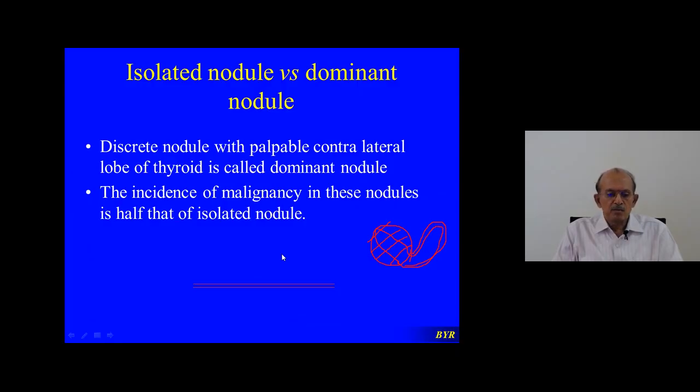If you have no doubts, I will go to the topic of clinical examination of a thyroid gland and operations for the thyroid gland. Just now I said dominant nodule means it is a solitary thyroid nodule with a palpable other lobe.